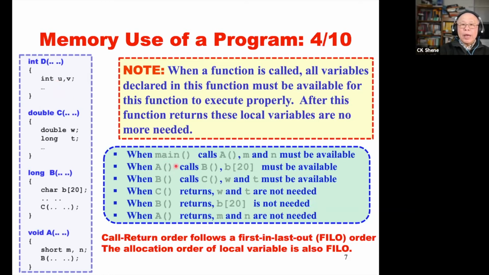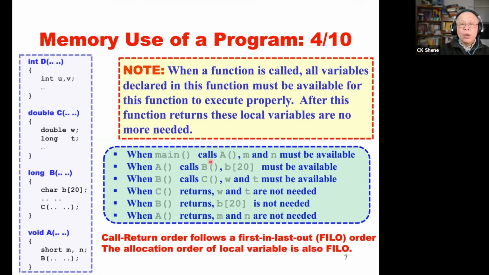So now let's say the main program calls A. Please refer to the functions here. When the main program calls A, then its local variables m and n must be available. When A calls B, then B's array, of 20 characters, must be available.